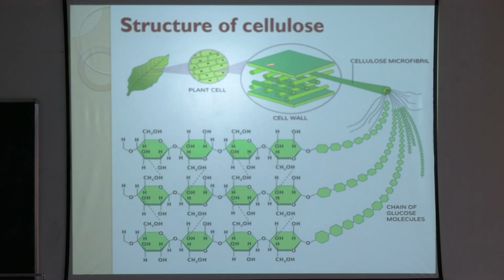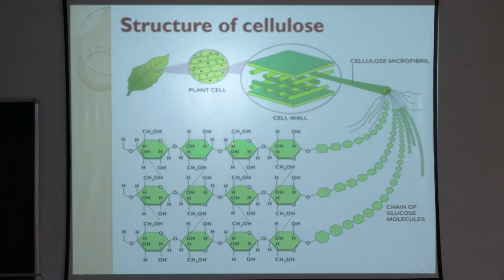So in a plant cell, the cell wall is composed of cellulose microfibers. And the individual cellulose microfiber looks like this. So it is a chain of beta 1,4 glucose polymer. Clear? Is this beta?